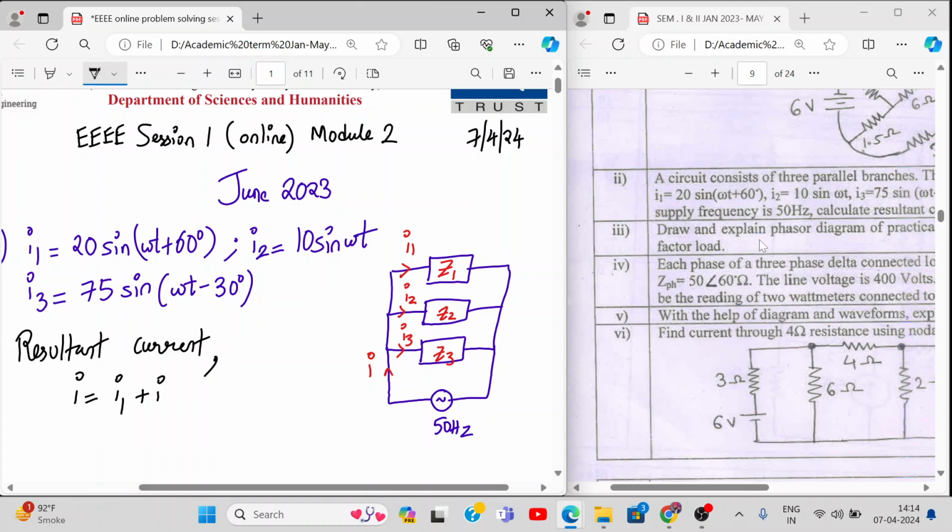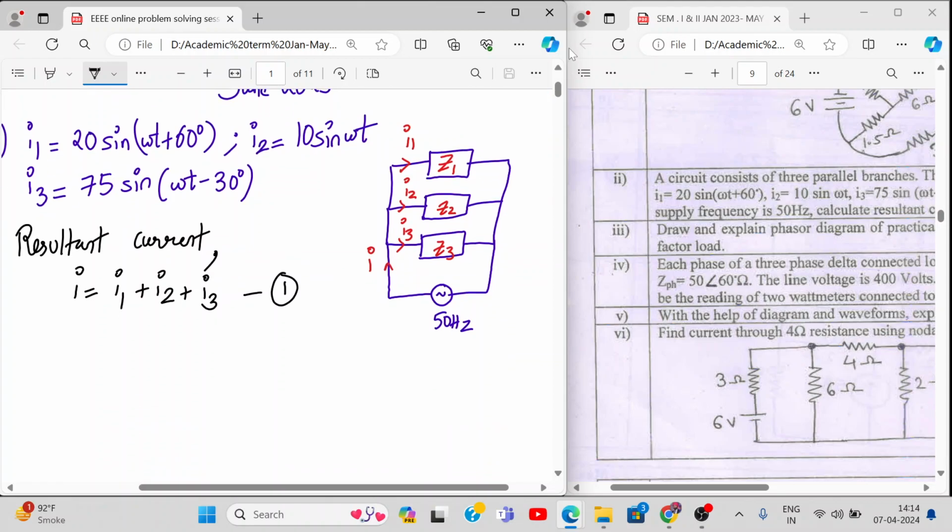Are you following what I'm saying? Is it making sense? Okay, fine. I just wanted a little feedback from you all. So the resultant current will be I1 plus I2 plus I3. This you agreed upon.